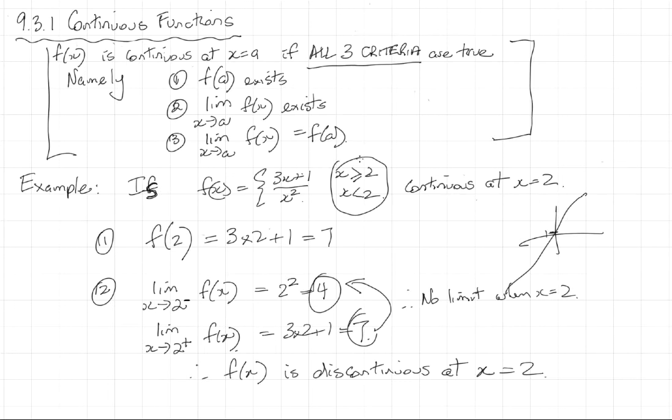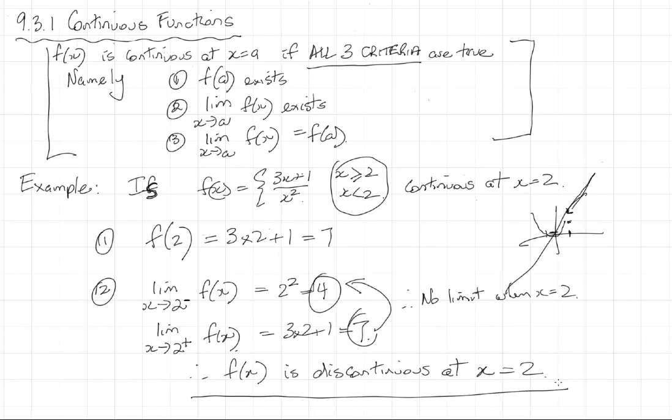But at 2, it changes. So that's the graph up here, x is greater than 2, y equals x squared. So we're going to get a hole in the graph just here. And so it is discontinuous.